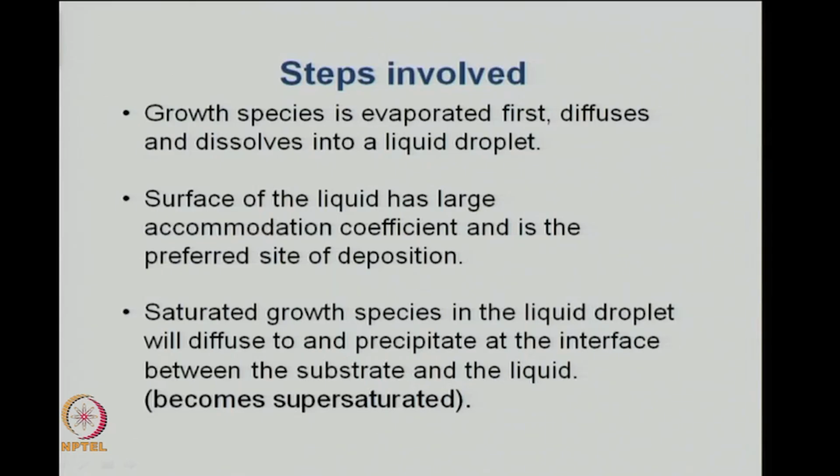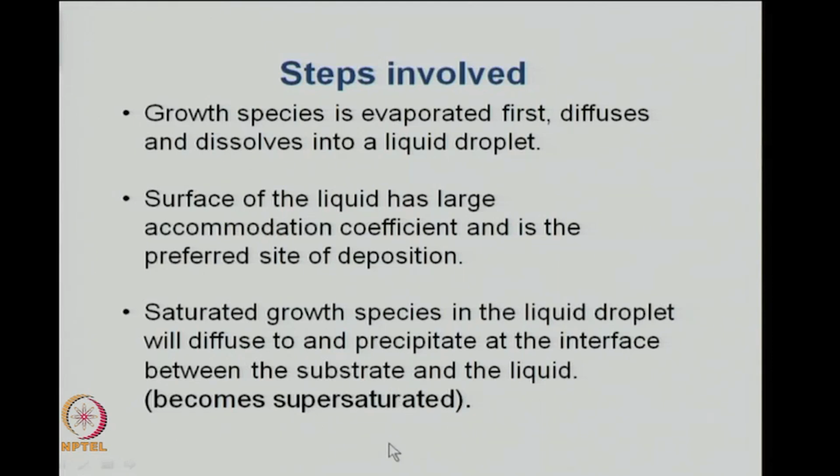The accommodation coefficient is high, means there are lots of preferred sites of deposition, and hence you can have lots of these gas molecules falling on the liquid which can get accommodated, and then once you saturate, the saturated growth species in the liquid droplet will then diffuse towards the solid liquid interface. So, once you saturate, that is, you have lots of gas molecules in the liquid, they will diffuse slowly towards the liquid solid interface, and then precipitate at the interface between the substrate and the liquid.